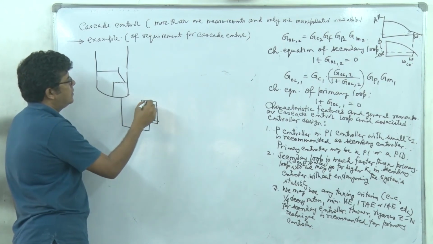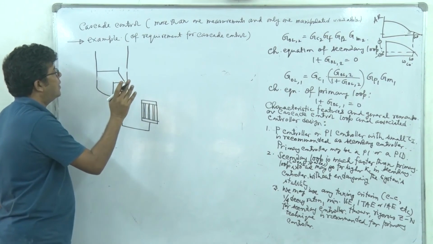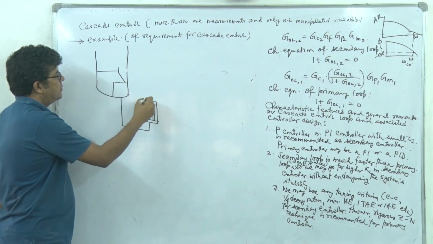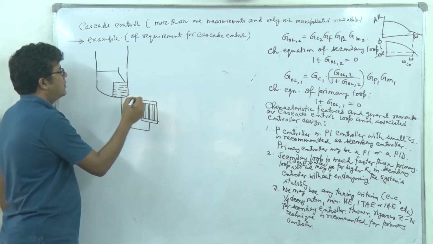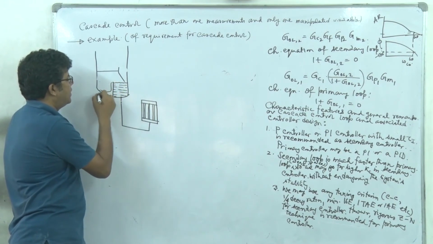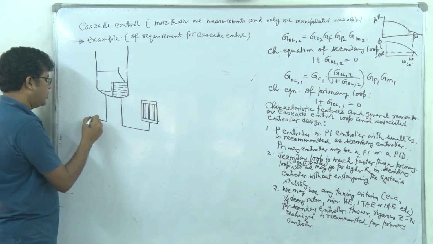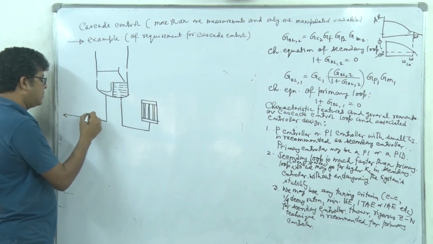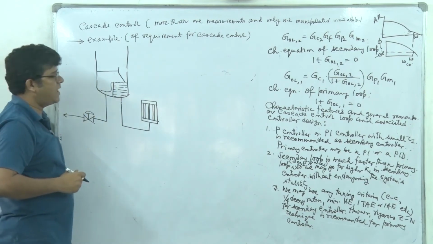And whatever is the overflow here will be taken out as bottom product, which is actually via level control.